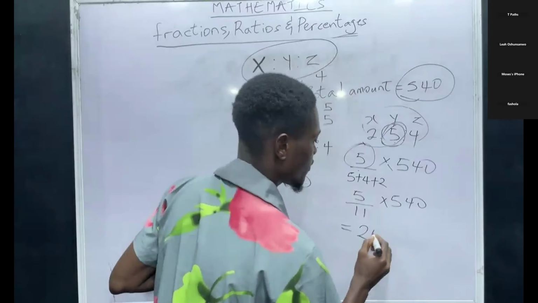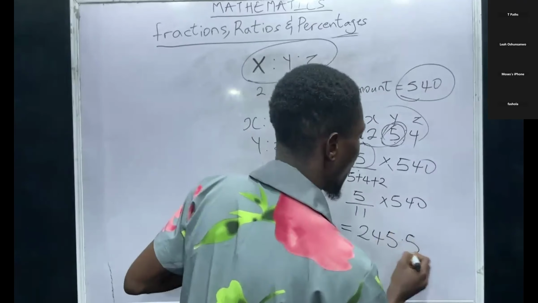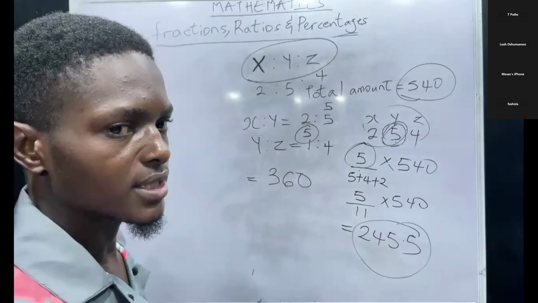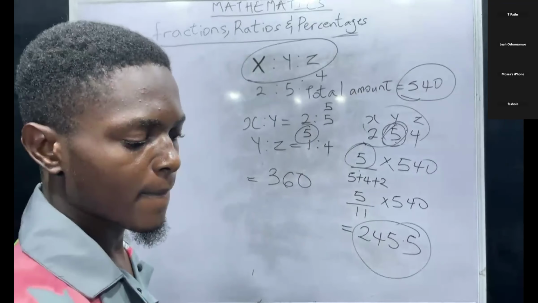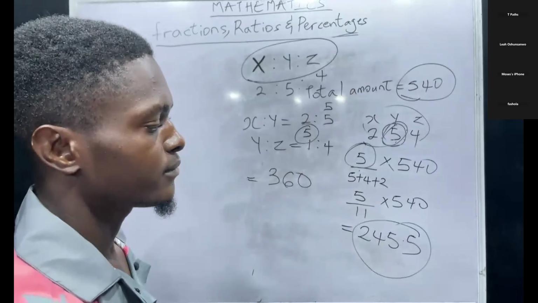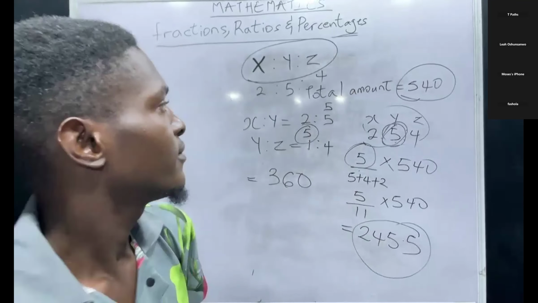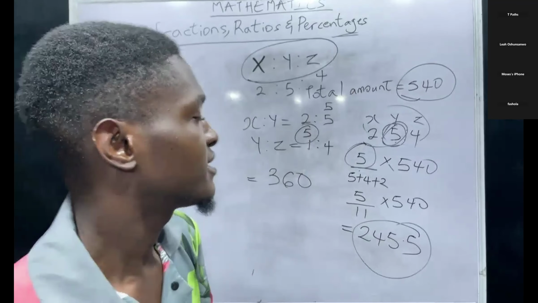So we know Y's share of the 540 they are sharing is 245.5. Is it clear, guys? Hello, guys. Is it clear?